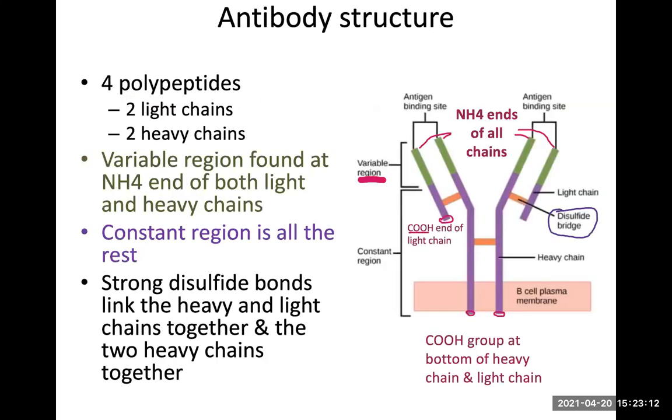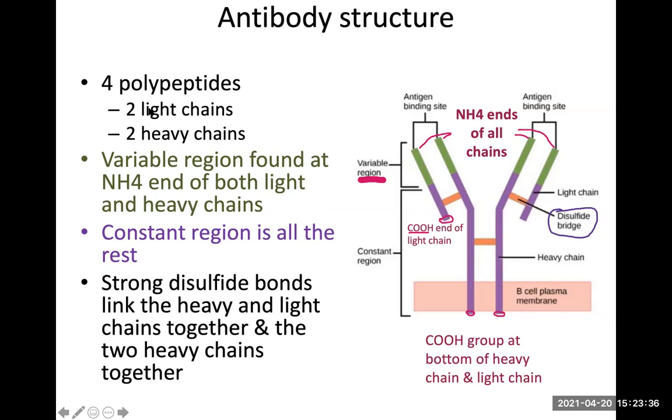Okay, so we started talking about this light chain, heavy chain, like I guess you could say the anatomy of an antibody. So overall, you have 4 polypeptides: short chain, long chain, long chain, short chain. So those are the 4 polypeptides, right? 1, 2, 3, 4.